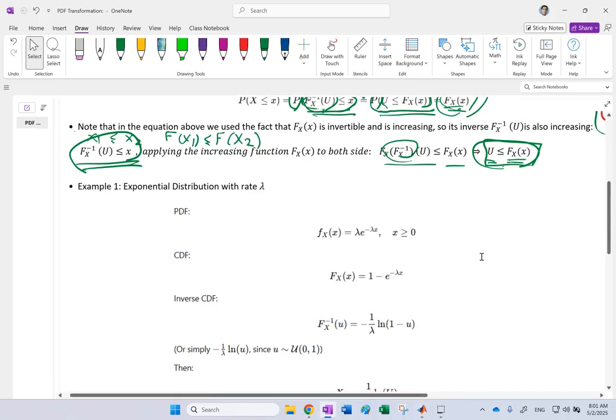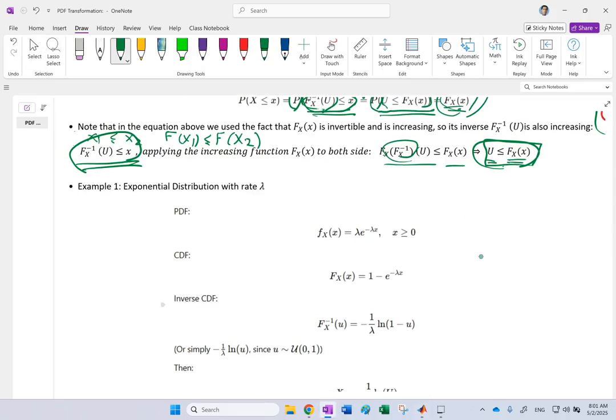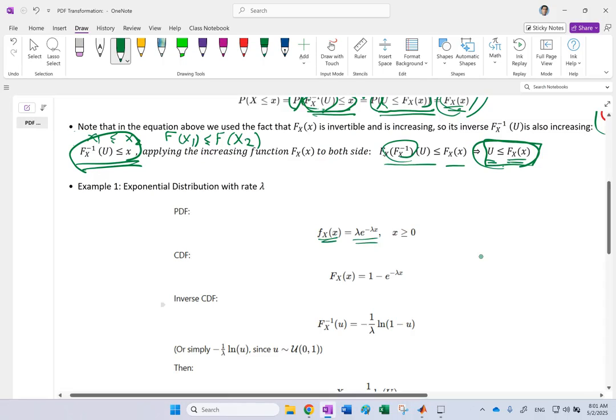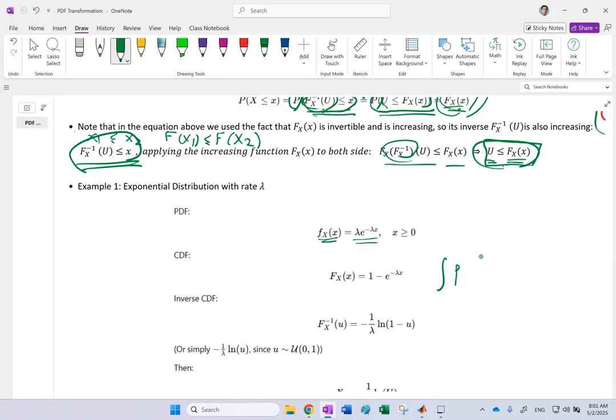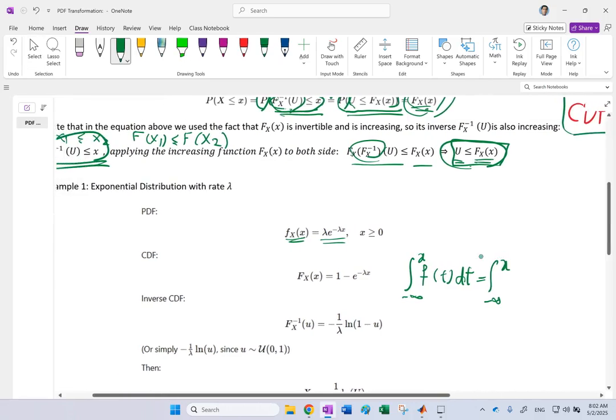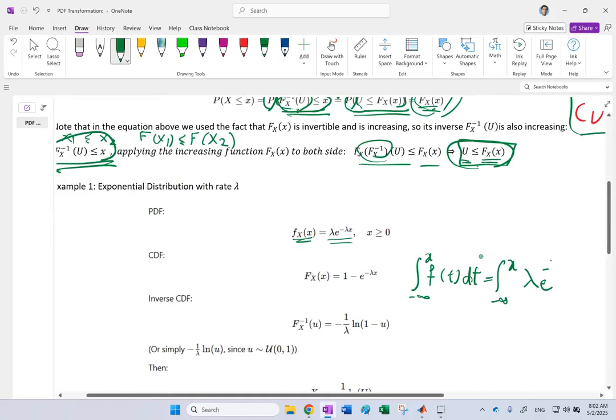So what is the CDF inverse of exponential? For the exponential, the PDF function is lambda e to the negative lambda x. So what is CDF? CDF is going to be clearly the integral of PDF from negative infinity to x of lambda e to the negative lambda t dt.